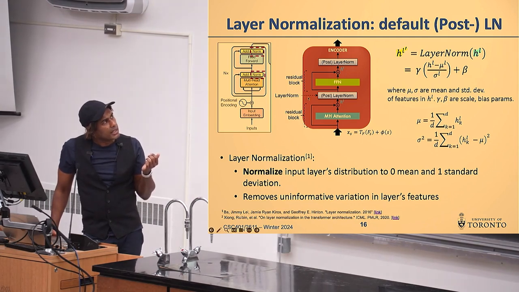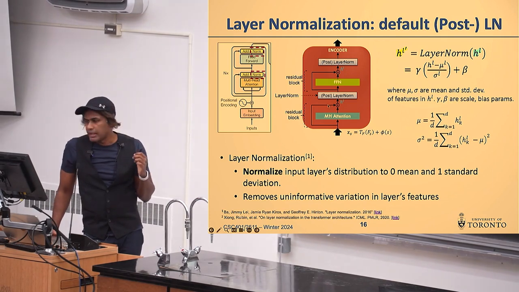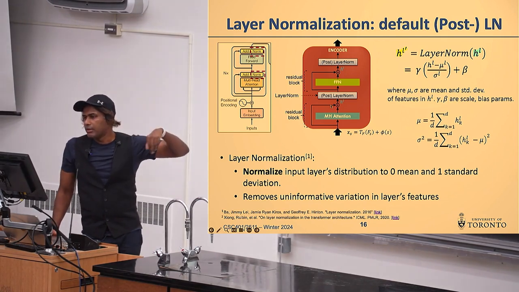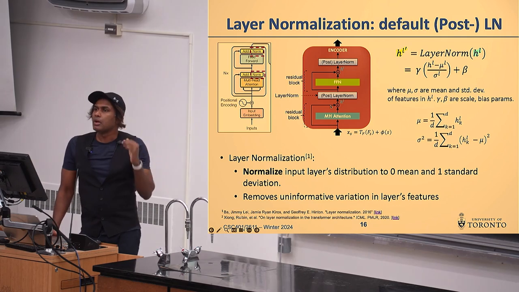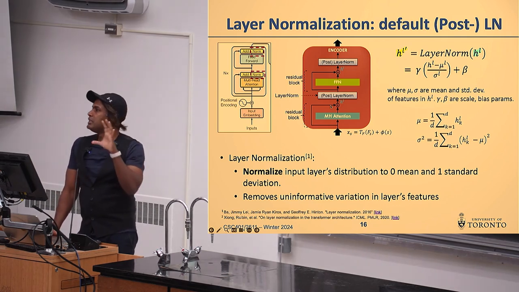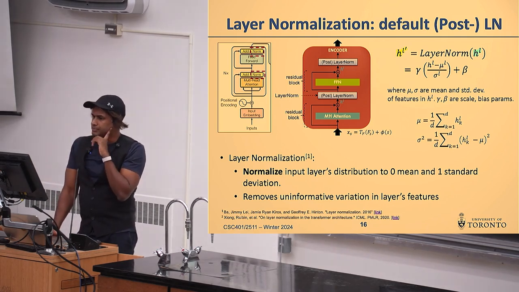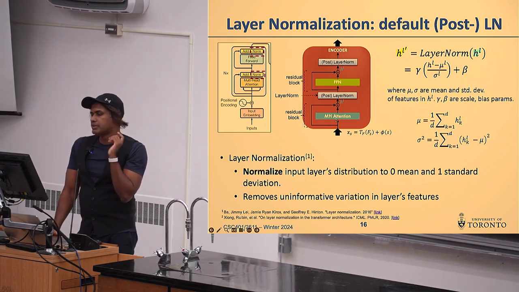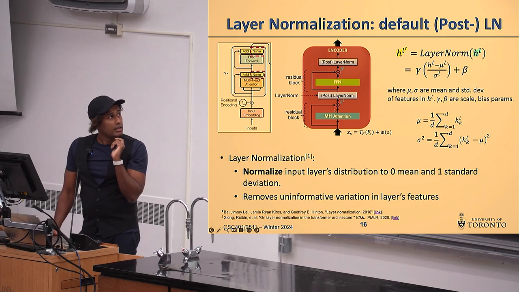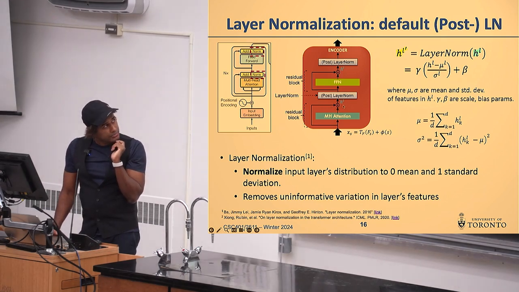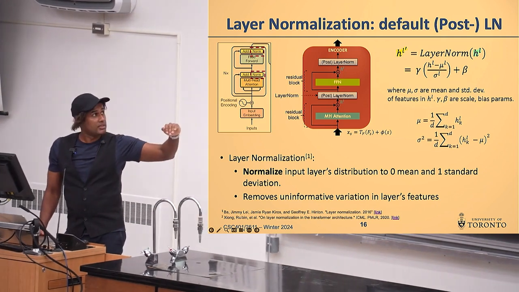One thing to notice is that the connections are after our residual block. So this is called post-layer normalization, which is the default transformer architecture. Okay, so you have the input x coming in, it goes through the sublayer, you apply this residual connection, and then whatever the output is, this H^l, you feed it to layer normalization.